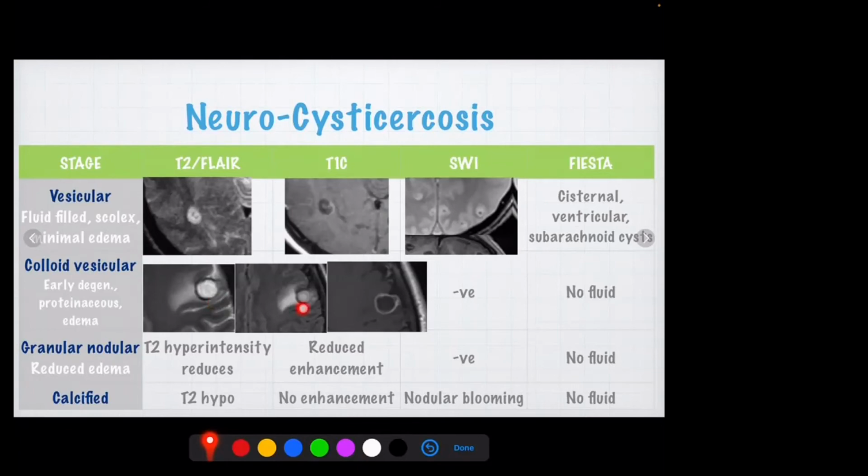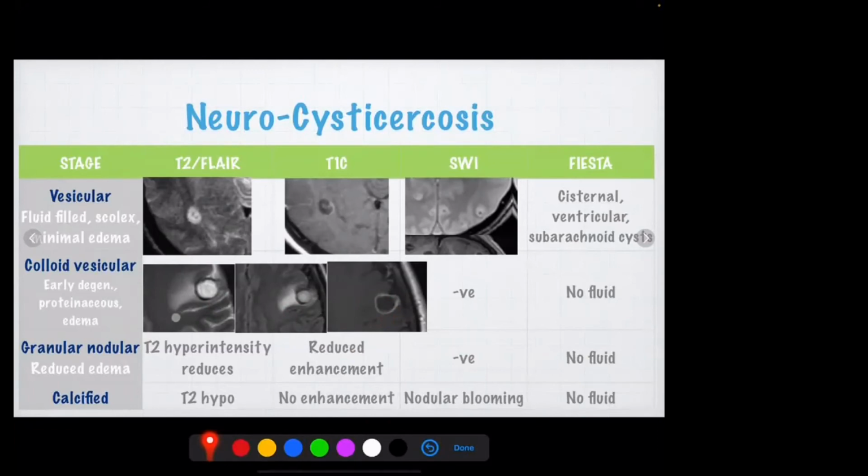It would show a routine ring enhancement with edema, non-specific. On contrast, it would show a simple ring enhancement. Sorry, this is the FLAIR, which would show partial attenuation because it's not totally CSF-like, but has started having proteinaceous material, and hence it would be in-between attenuation, not a CSF-like space as in the vesicular stage.